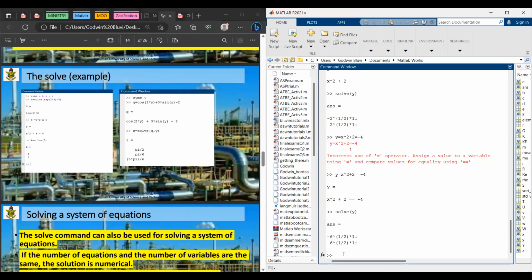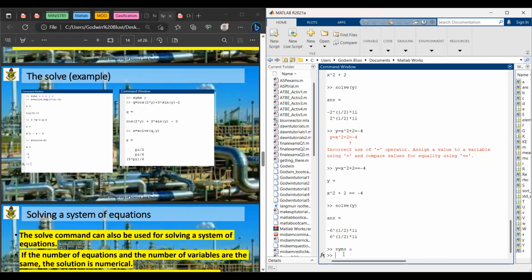Okay, so syms A. So R is equal to sine x squared, right? So sine open bracket A, that expression squared, plus cos A minus 1.